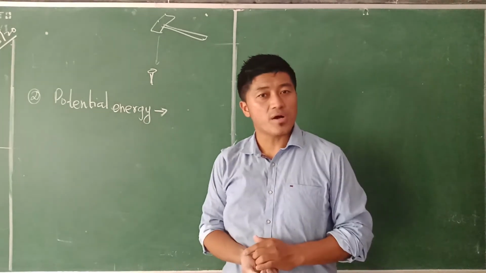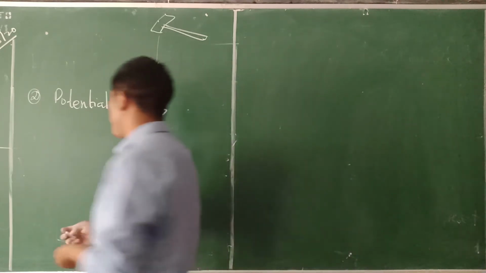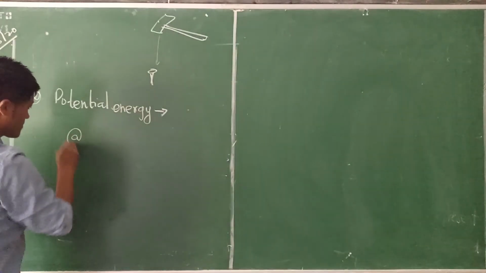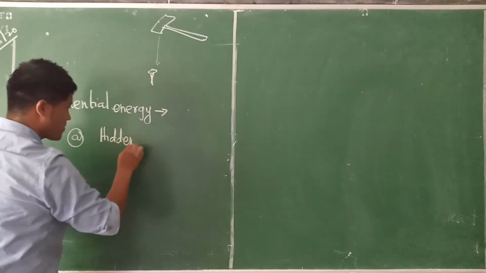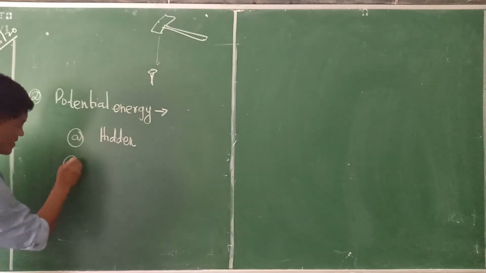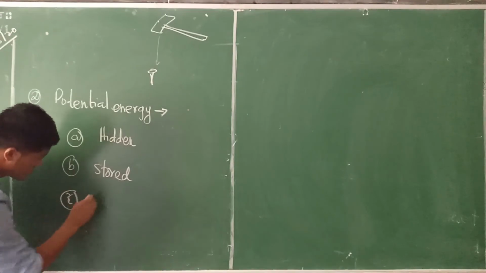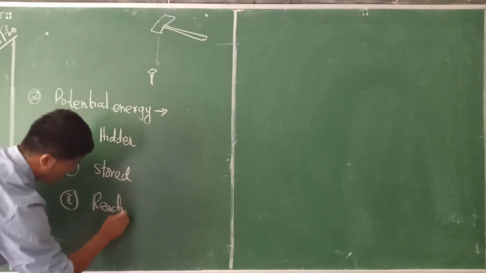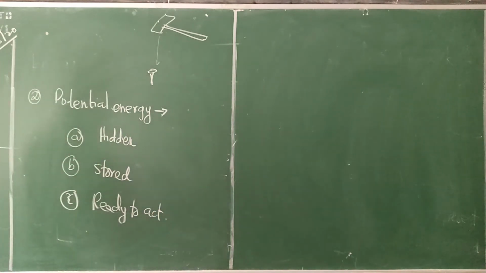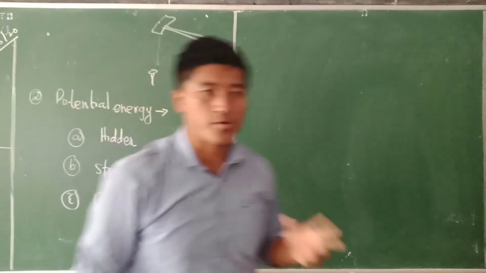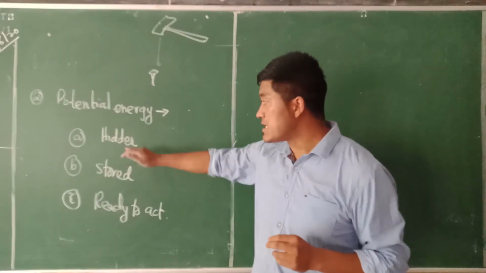Right? Now, in order to understand potential energy, there are three important things which you need to understand. A. B. C. Okay. Whenever we are considering anything about the potential energy, we should always understand that potential energy is always hidden.